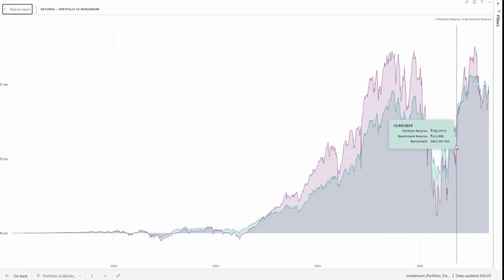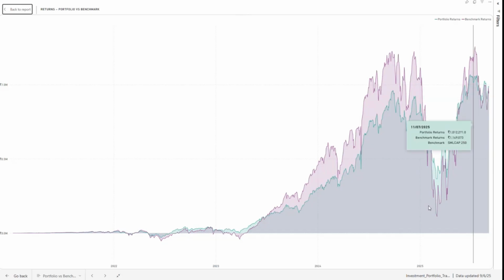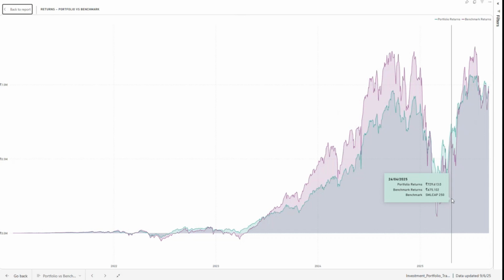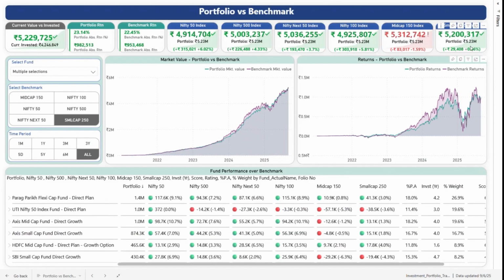But if you look at the real picture now, even though it gained more, fell more, gained more, and again fell more, my portfolio is now able to beat the Nifty small cap 250 index fund by 29,000 extra.